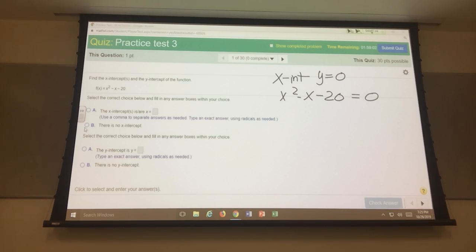Does that factor? What would happen if it didn't factor? There would be no x-intercepts. Yeah, I mean, try the quadratic formula, probably, would be a good decision, right? Because that could give you an actual value, even if it's not factorable, possibly. But this one is factorable, right? Question? Yeah.